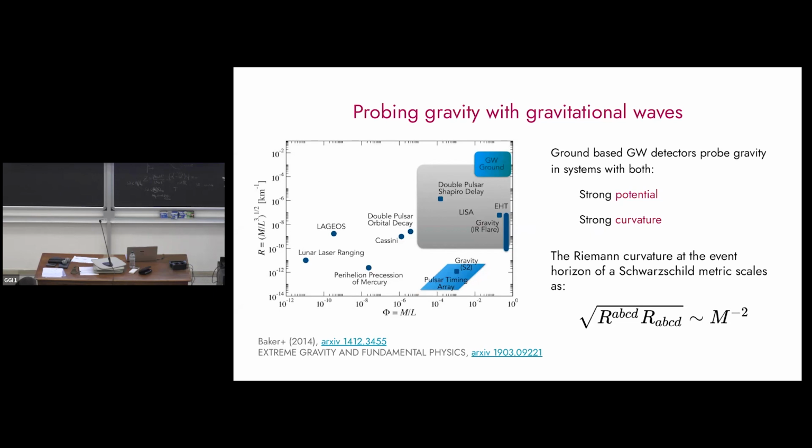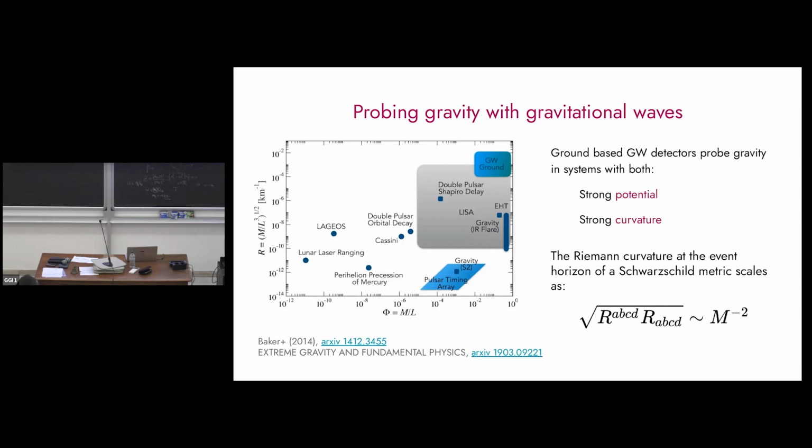So it shows you that if you want to probe a strong gravity regime, you want to be in the top right corner of this diagram, where you are in the situation of strong potential and strong curvature. And if you look at it, you see that the experiments that allow you to probe this gravity region the most are ground-based gravitational wave experiments.